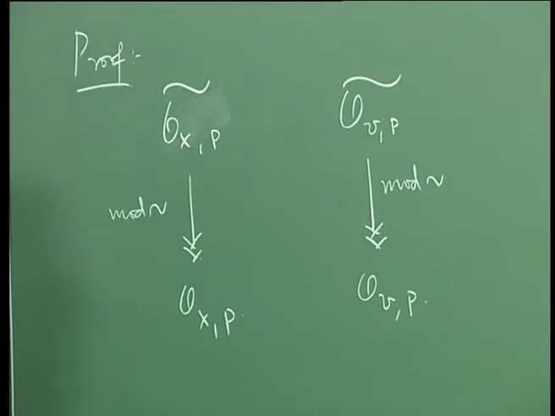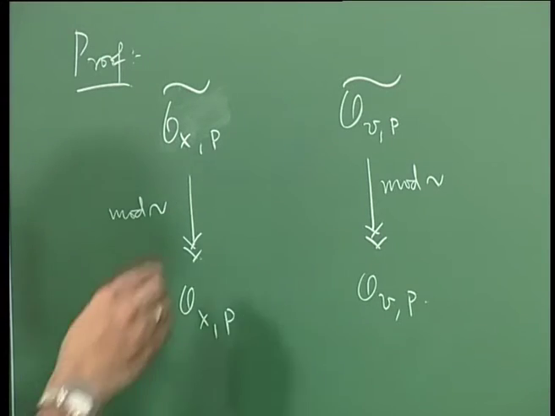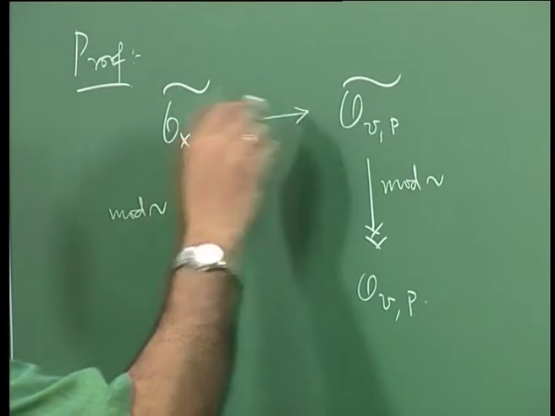And what I want to say is that these two are isomorphic. It is very simple. So what I do is I give a map from here to here.